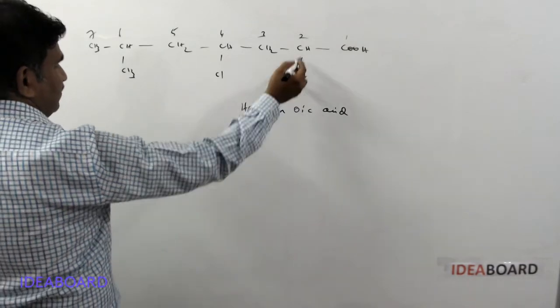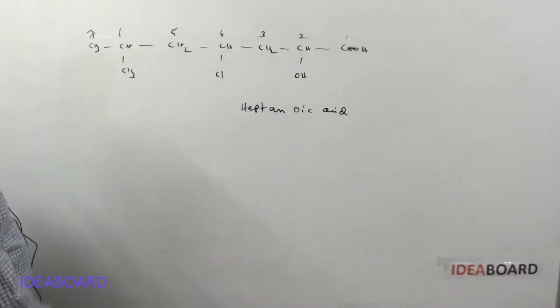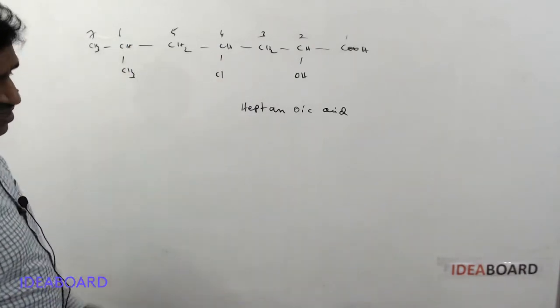Okay. Then we write the prefixes. Here it has 2 hydroxy, 4 chloro, 6 methyl. Which will come first in alphabetical order?